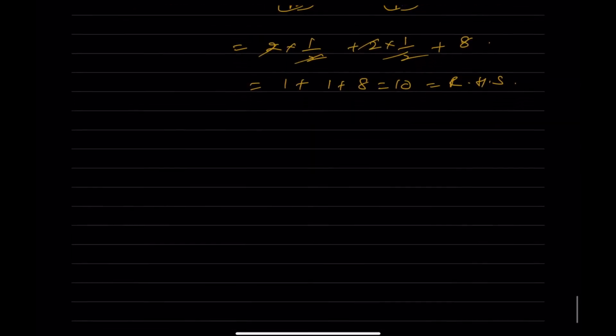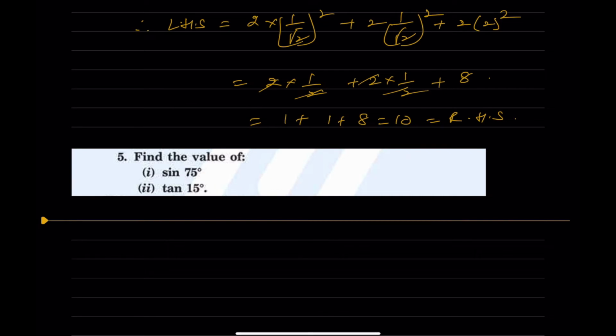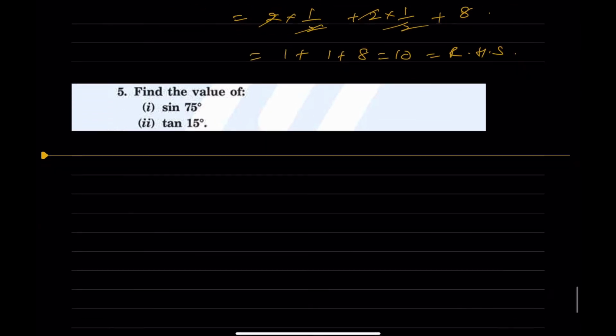So next, going into the fifth problem. What is the fifth problem? Let's see. Find the value of sine 75 degrees, tan 15 degrees. Now we'll be using the sum formula for this, sin A plus B formula. So here now first one we have sin 75 can be written as sin of 45 plus 30.